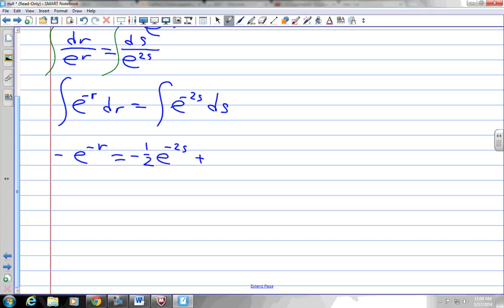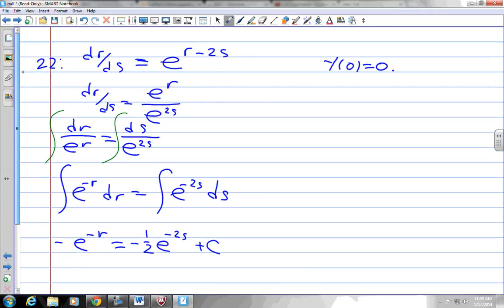Now, plus a constant, technically. Do I want to mess with my constants? Well, no, because I'm going to solve for that constant. This is the place where I can find c. We have the initial condition 0, 0.